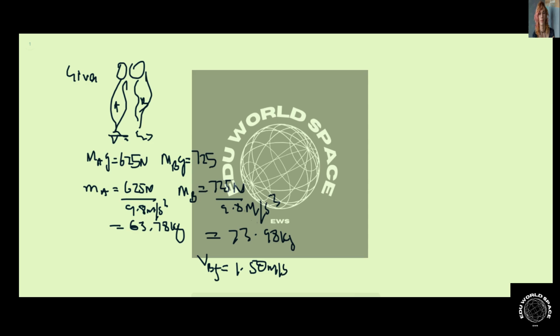Before they start, we're also given the initial velocity of A to be 0 meters per second. We don't know what the final velocity of A is, and that's what we're going to be looking for. We do know also that the initial velocity of B is 0 meters per second.